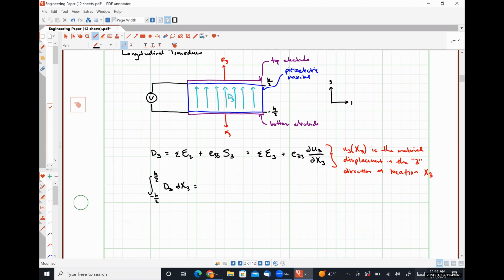This will be equal to the integral from negative h over 2 to positive h over 2 of epsilon E3 dX3, plus the integral from negative h over 2 to positive h over 2 of e33 du3.